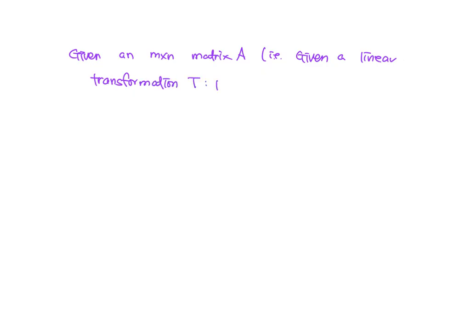And then we considered some examples. So given some m by n matrix A, in other words, if I have an m by n matrix A, then that means given a linear transformation T from Rn to Rm, which maps such that x is mapped to A times x.